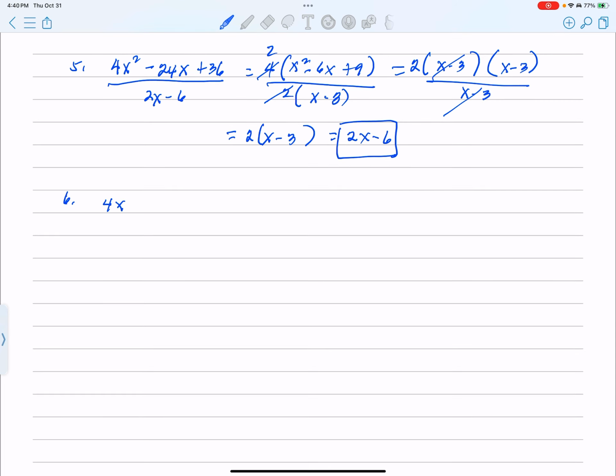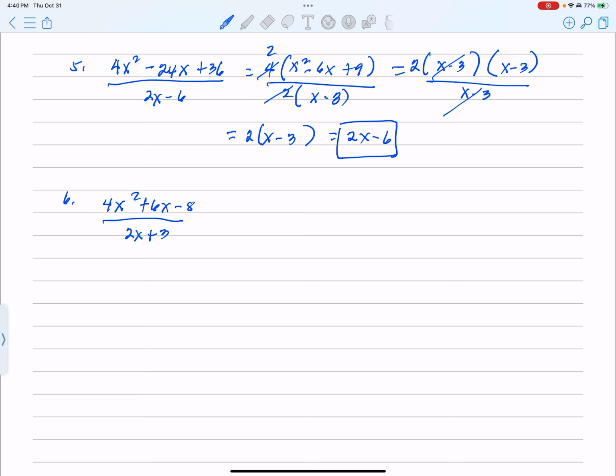4x to the second power plus 6x minus 8 over 2x plus 3. What do you think? We can have a common factor in the numerator, but there is no common factor in the denominator.